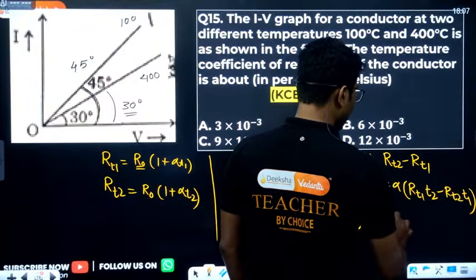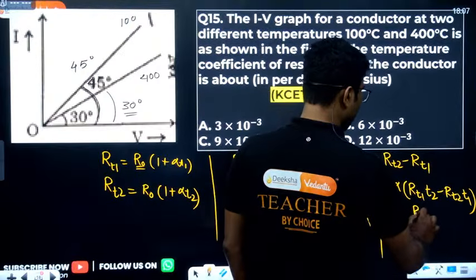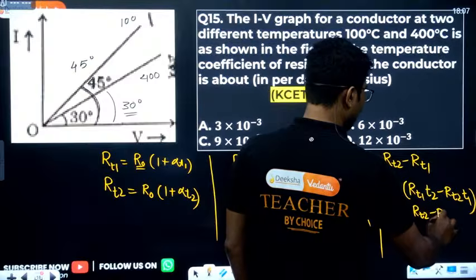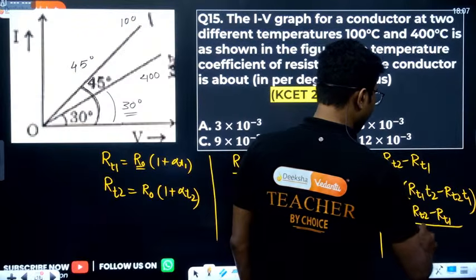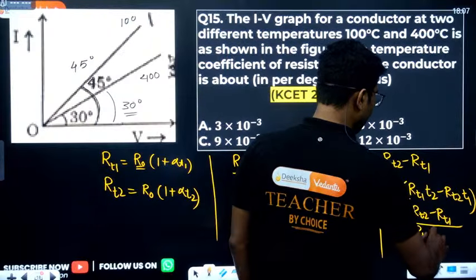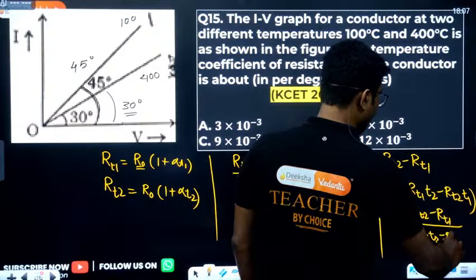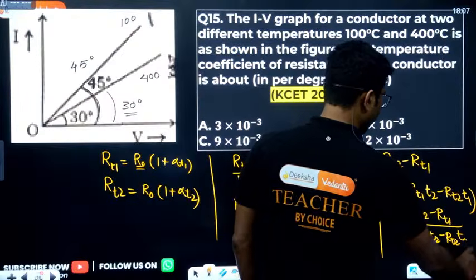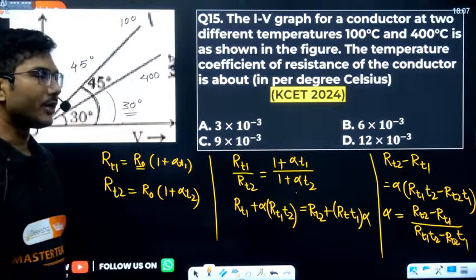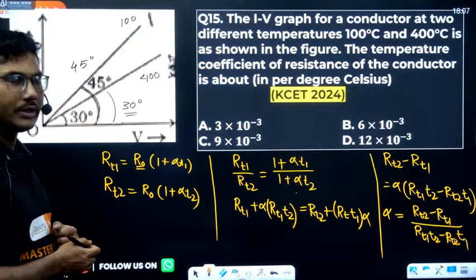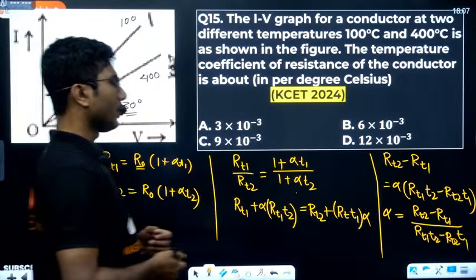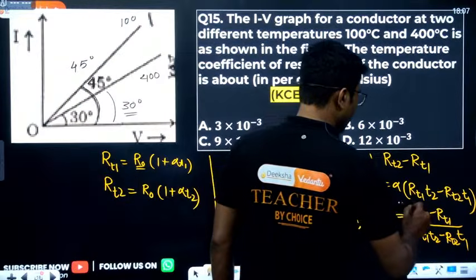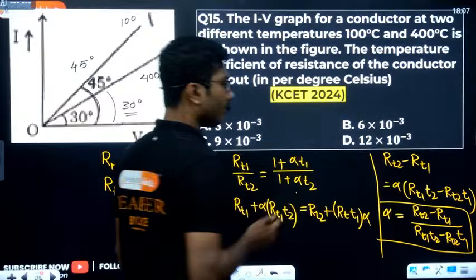So alpha equals RT2 minus RT1 divided by RT1 T2 minus RT2 T1. Okay, this is the formula that you can remember and you can carry it with you in the formula sheet. Not in the exam hall, but yes, you can keep it in your formula sheet.